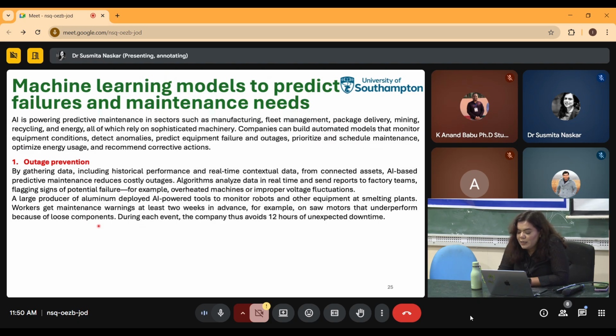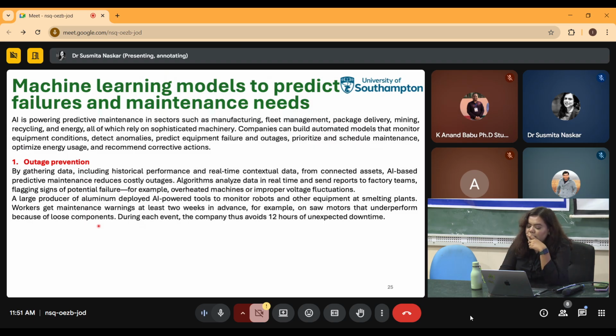For example, a major aluminium producer uses an AI tool to monitor the robots and smelting plant equipment. Now workers can receive maintenance alerts at least 2 weeks in advance to understand whether there are any issues or not.